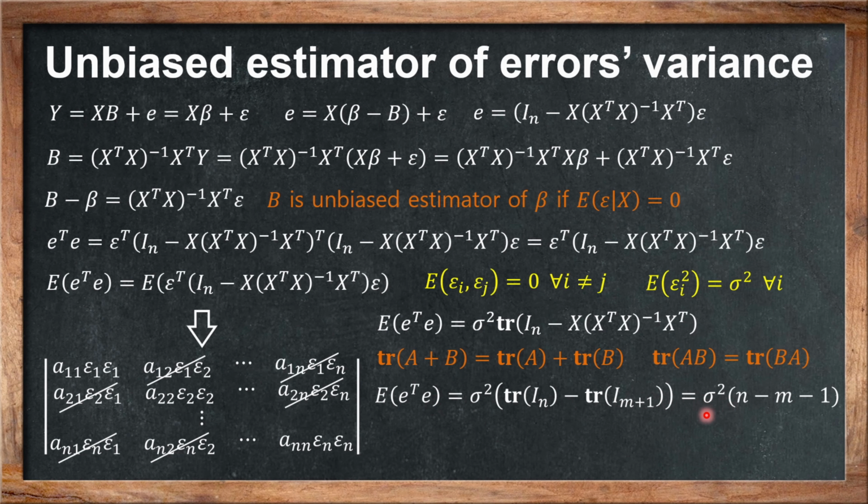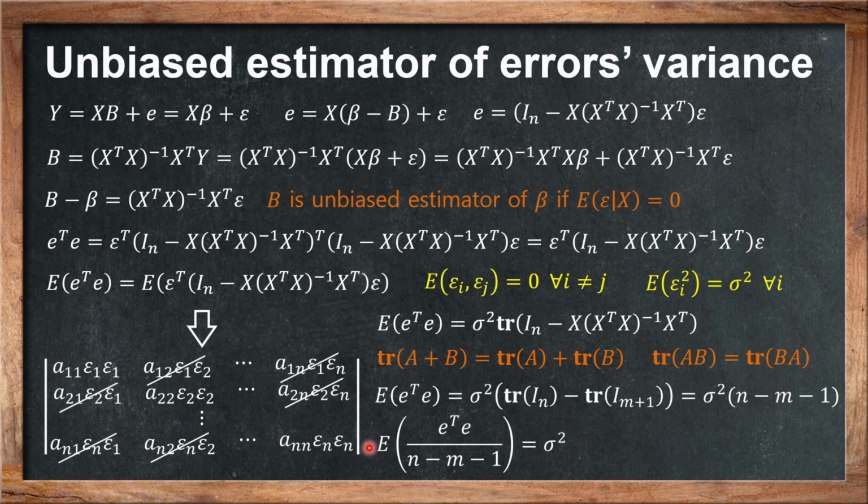And from this expression, we easily get that the expected value of E transpose E divided by n minus m minus 1, where m is the number of factors in the model, equals sigma squared. And this, what we have in the parentheses, is the unbiased estimator of the variance of errors, since its expected value equals the variance of errors.